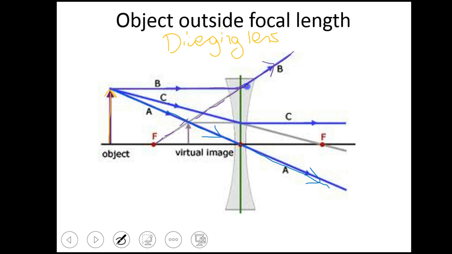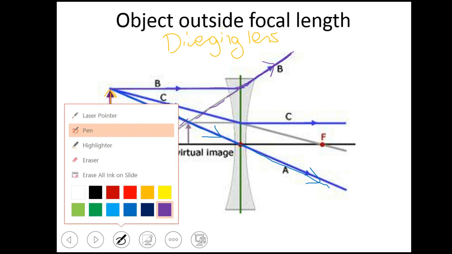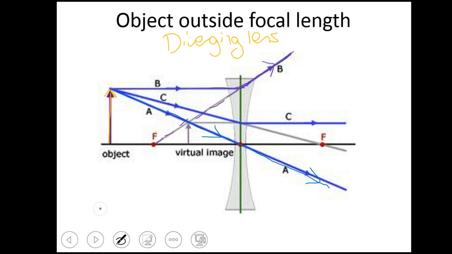As soon as it crosses our lens, it's going to get diverged from the other rays. Then our last one is kind of the flippy-floppy. Something that would traditionally go through the far focal point, so I line my ruler up with the far focal point and draw this incoming ray, gets refracted parallel to the optical axis.